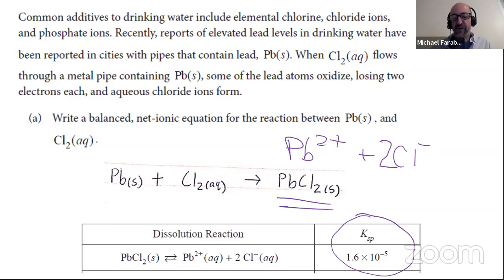I can't give you a definitive answer on this one. I can tell you that the official scoring guidelines indicate that the product should be the lead ions and the chloride ions. Perhaps this would be a discussion that could be had among readers and the leadership, but I'm just going to tell you that I was looking for lead ions and chloride ions in my scoring guidelines on this one.